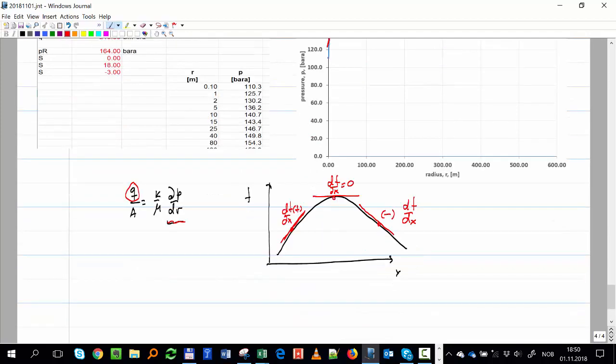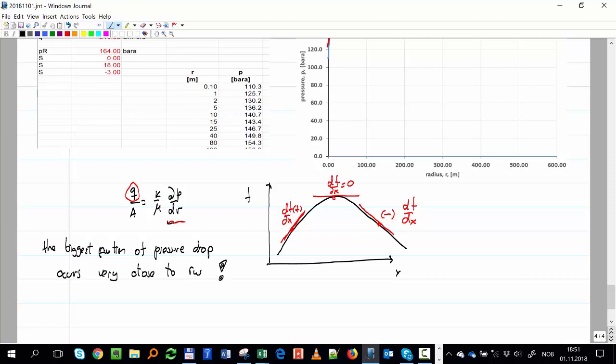So the contribution to production, or the highest pressure drop, let's call it like that, the biggest portion of the pressure drop occurs very close to RW.